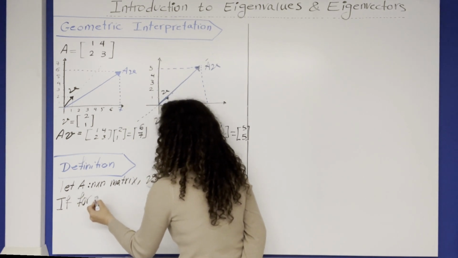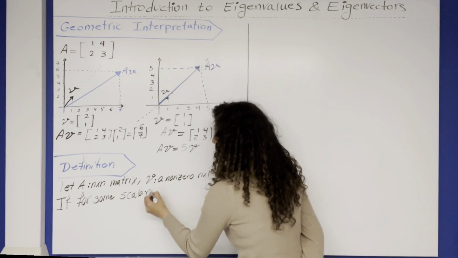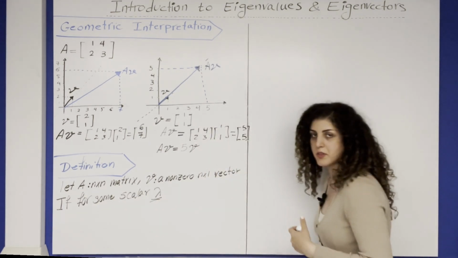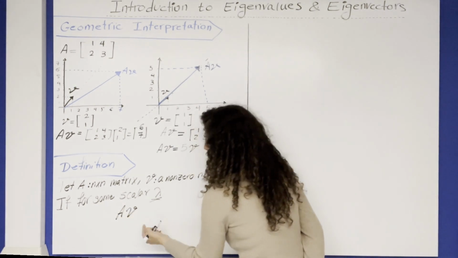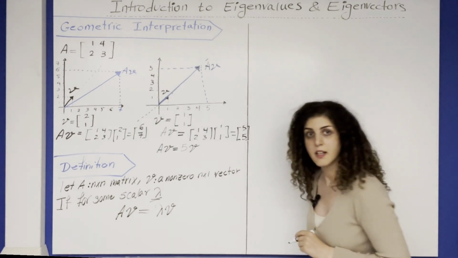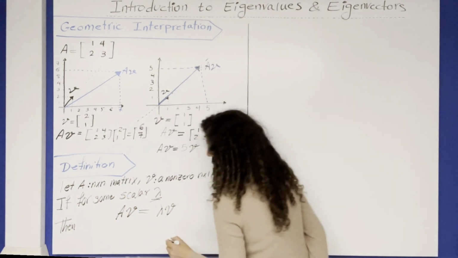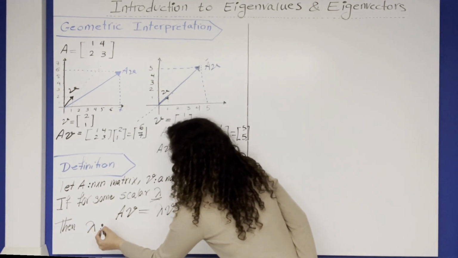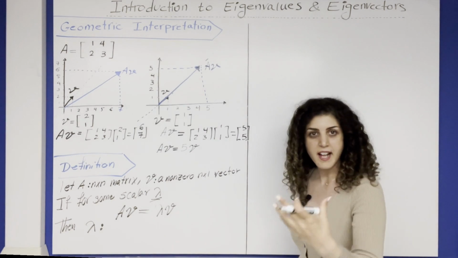So here, if for some scalar, let's call it lambda, if A times V is a scalar multiple of V, lambda V, then the scalar lambda is a special scalar called eigenvalue.